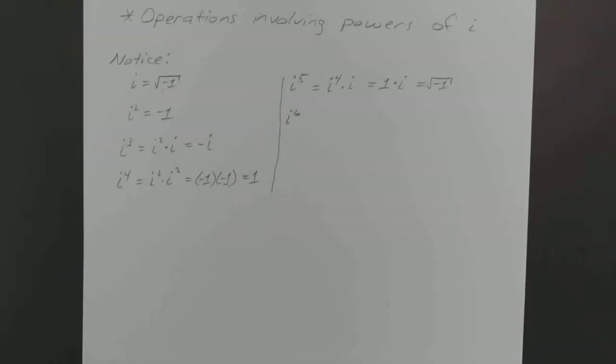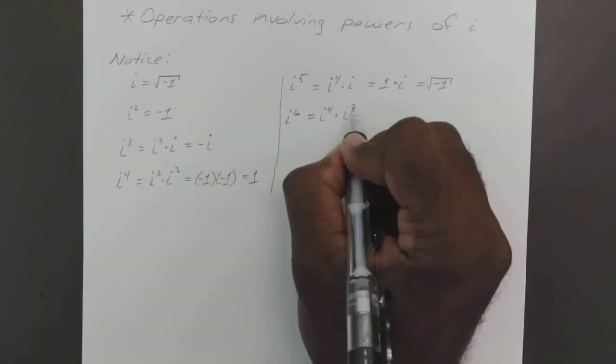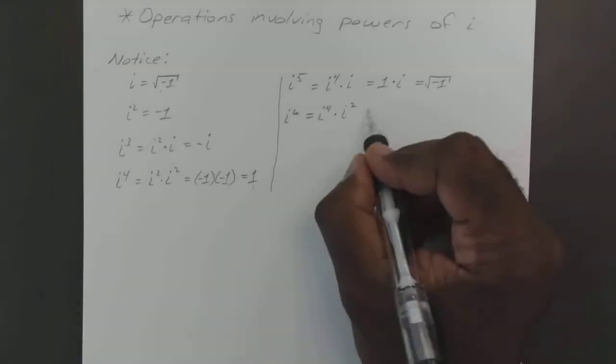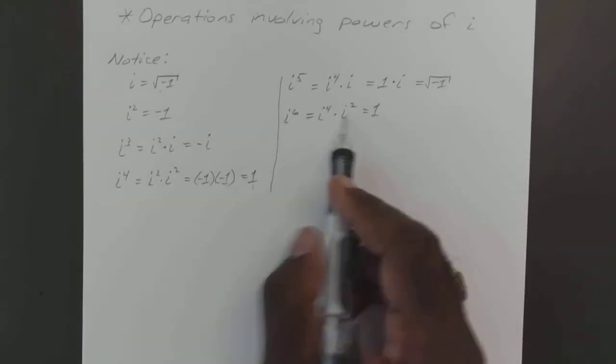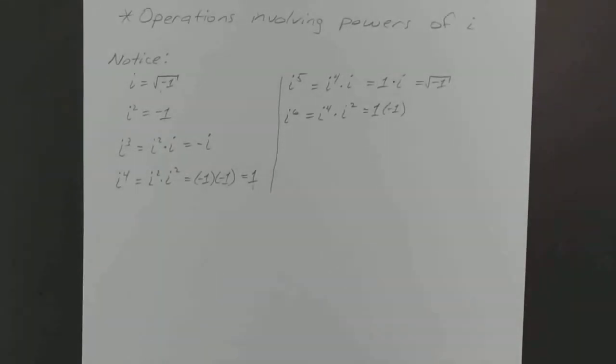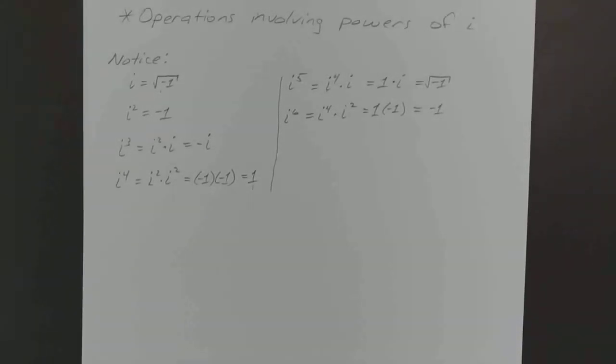Okay, so what about I to the sixth power? That's just I to the fourth power times I squared. Okay, so we know I to the fourth is 1. And I squared is -1. Okay, so that's just going to equal -1.